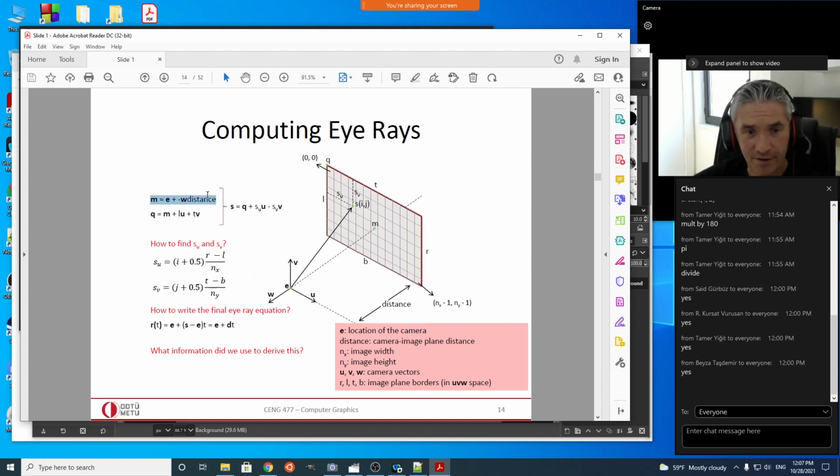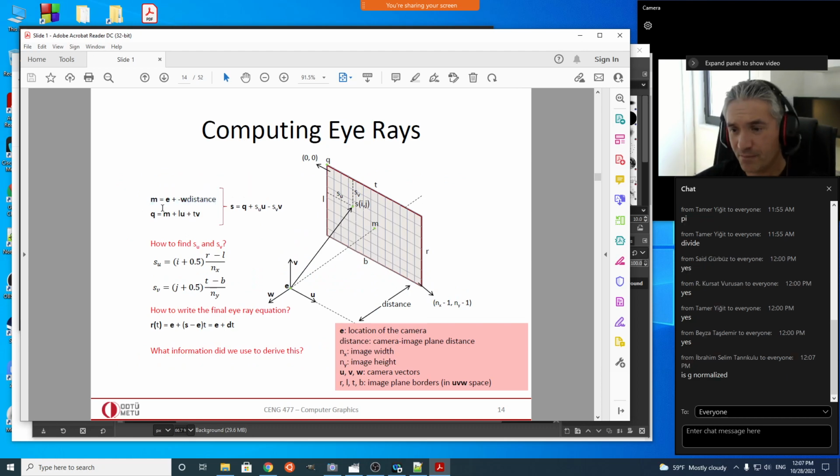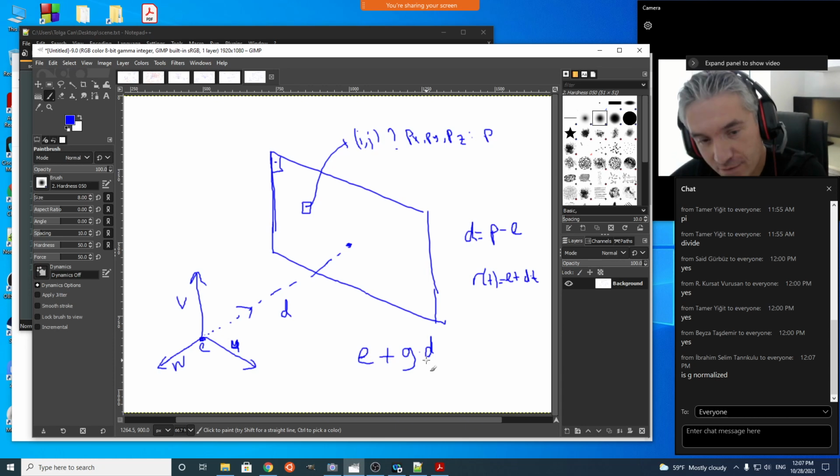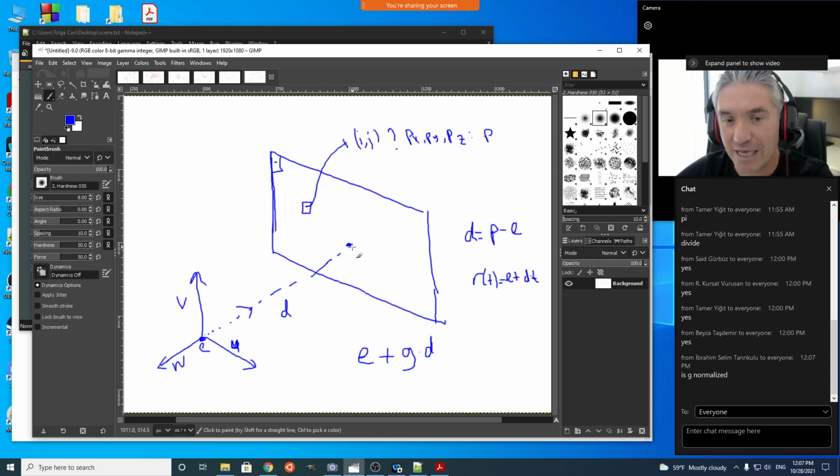It's written here. If you look at the first equation, that's the simplest. G, very good point. G has to be normalized. It has to be unit length so that going d units in that direction will correctly leave us at the center.